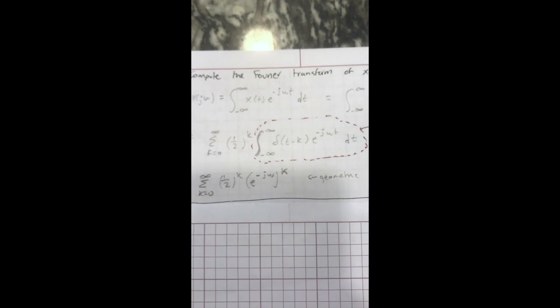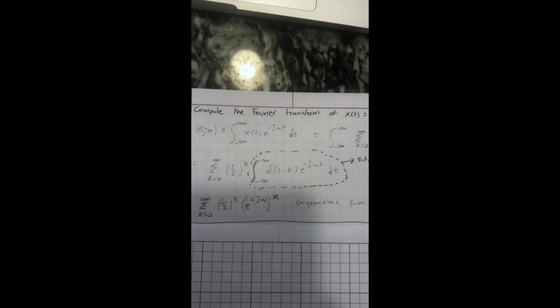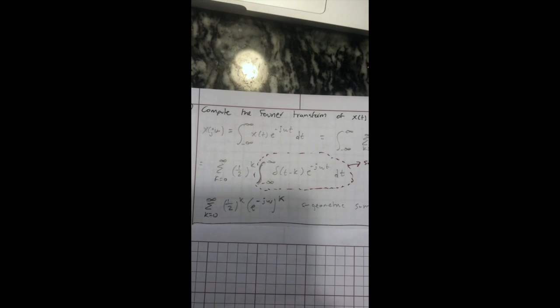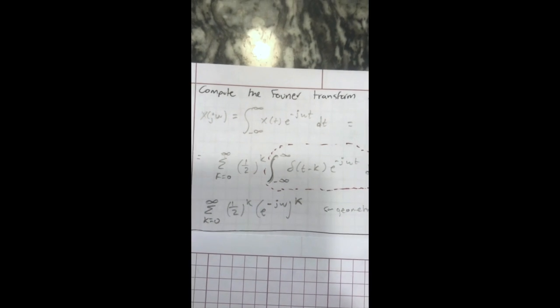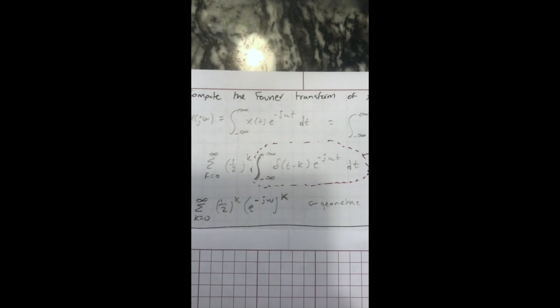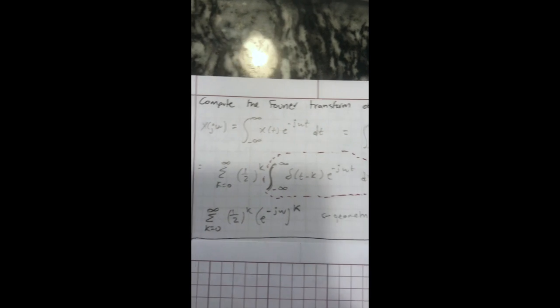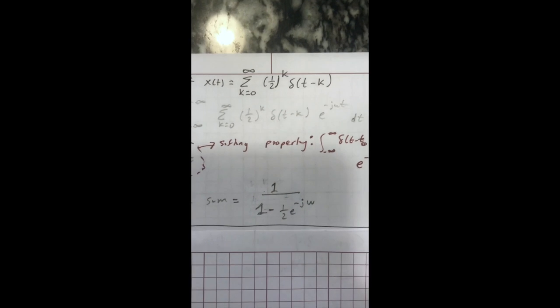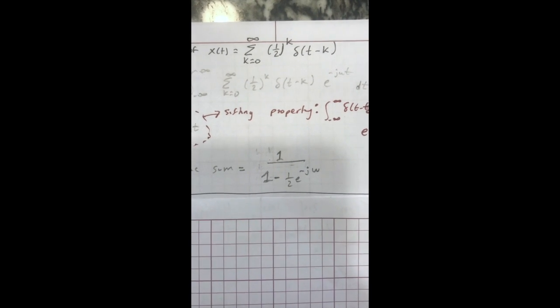What I didn't do here was put them all under one expression, but you could have done that and recognized that this is a geometric sum, k equals 0 to infinity. The way to evaluate a geometric sum is taking the expression raised to the lower bound, and dividing that by 1 minus the expression itself. In that case, the expression is 1/2 e to the minus j omega, and that's the final answer.